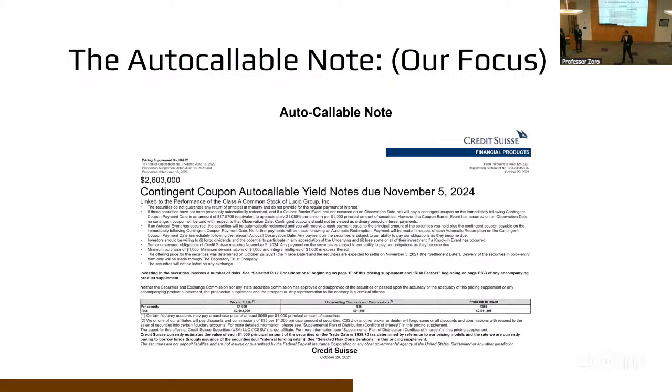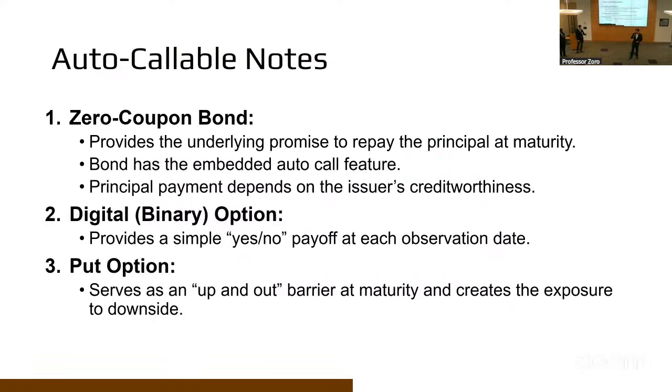Here you can see a quick example of an auto-callable note where the underlier is LCID, a Credit Suisse auto-callable, and we're going to be discussing more about its structure and our methodology in mathematical modeling. Now I'm going to pass it over to Edgar to talk a little bit more about the financial minutia of auto-callable notes. Thank you very much.